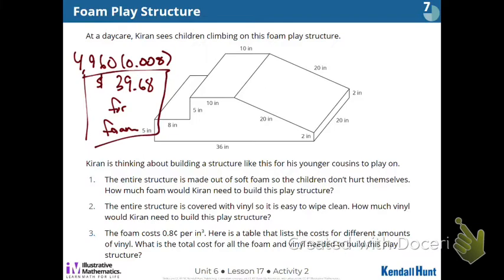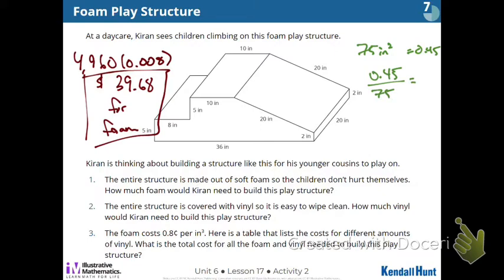Everybody good with that? That's how much Kieran is spending for foam. But we also need the vinyl, okay? And so for the vinyl, what it tells us in that table is, it tells us 75 square inches is 45 cents. I can find a rate for that. I'm going to want money per square inch, right?